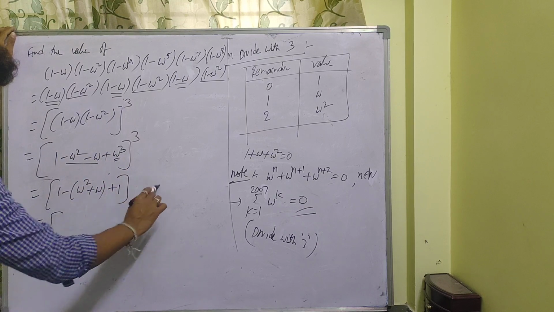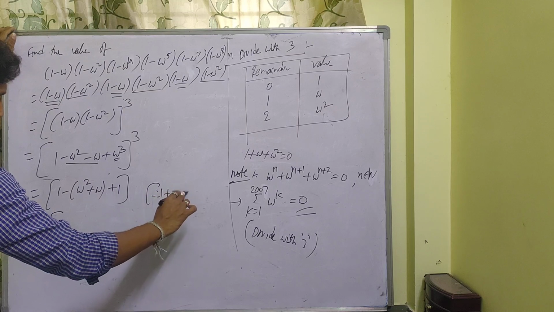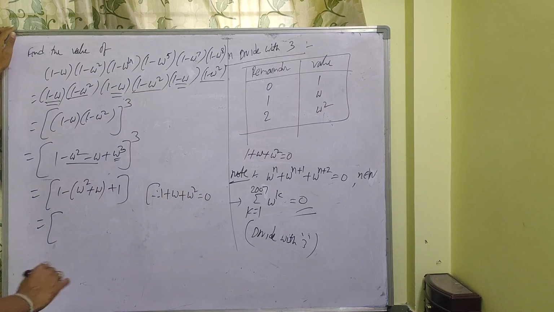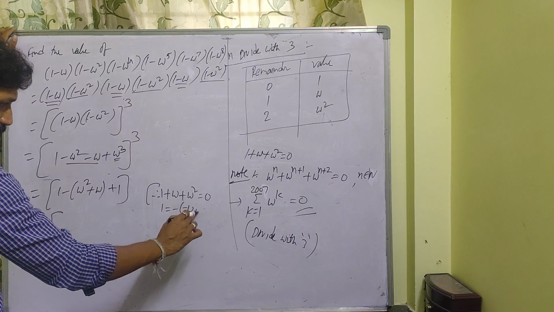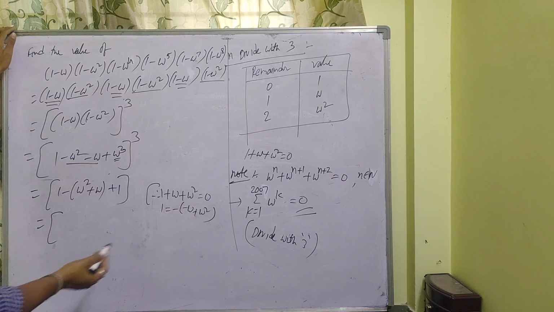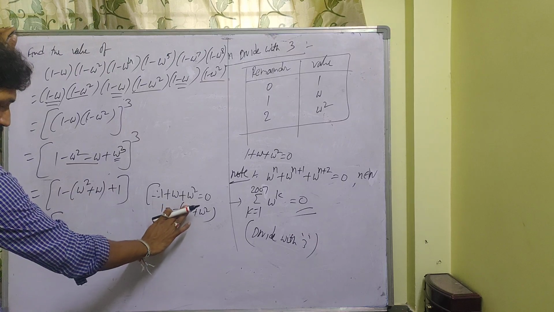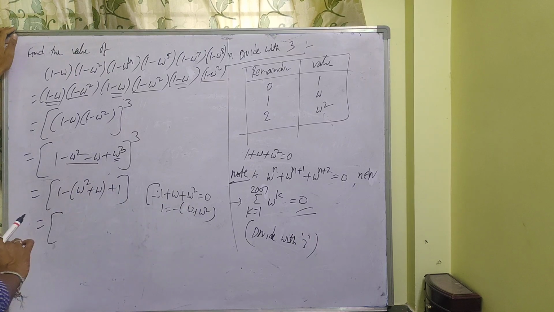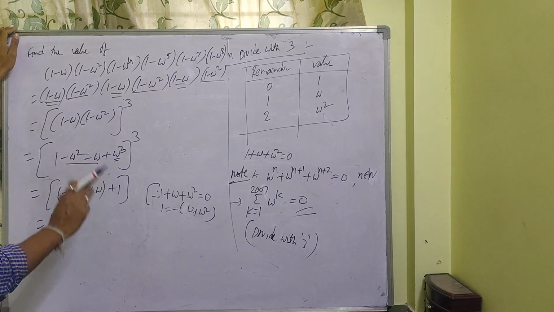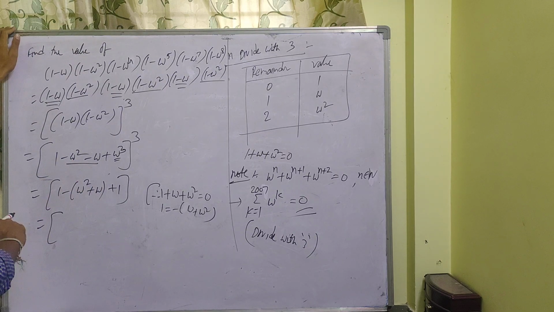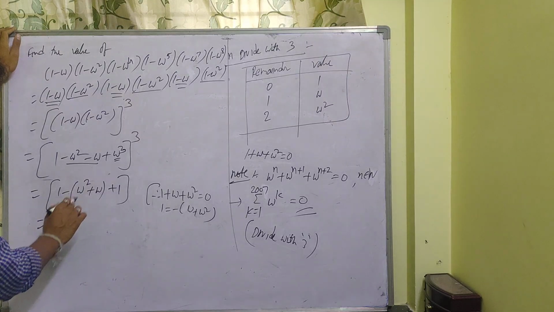We have 1 plus omega plus omega square value 0. So that means 1 is equal to minus of omega plus omega square. So instead of minus of omega plus omega square, you can write 1.